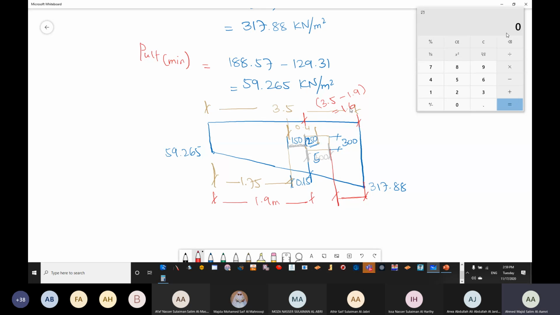So we have it as 1.6, and after 1.6, there is 500 here. So this is going to go for 1.1, right? So 1.1 plus 1.9 is going to give you 3 meter, and then the remaining is the column, which is half meter. Do you agree? Can you check the calculation?